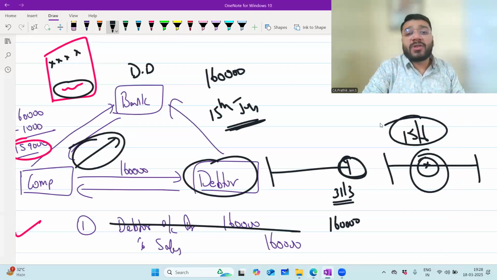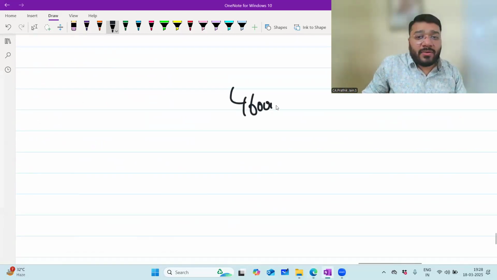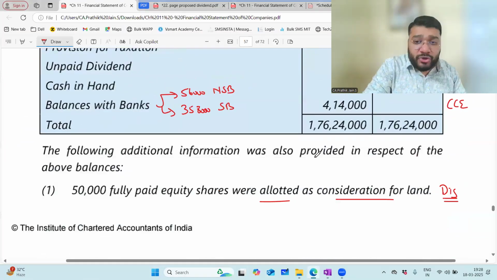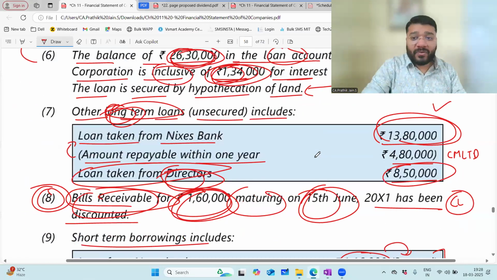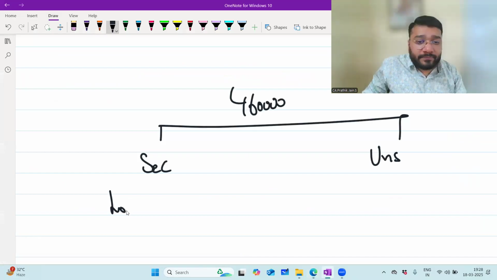4,60,000 rupees. So for this also you have to prepare a chart. So 4,60,000 rupees. In that, secured portion, unsecured portion. How much is the secured portion? 1,16,000. That is the loan from Naya Bank.